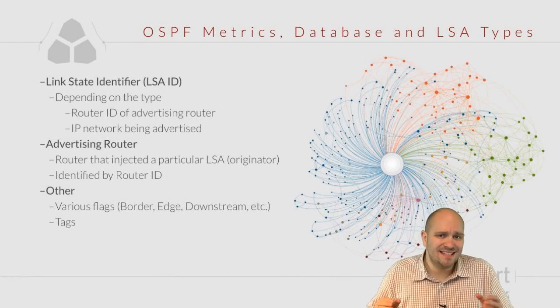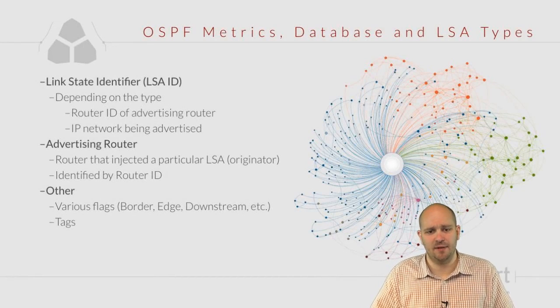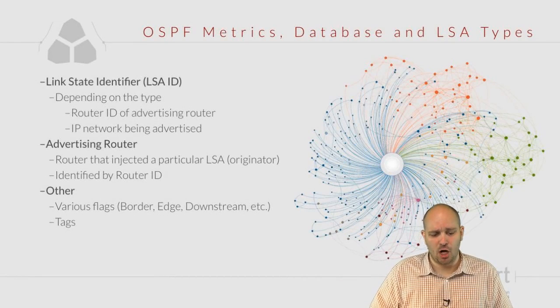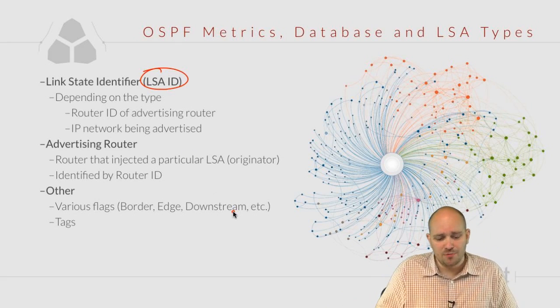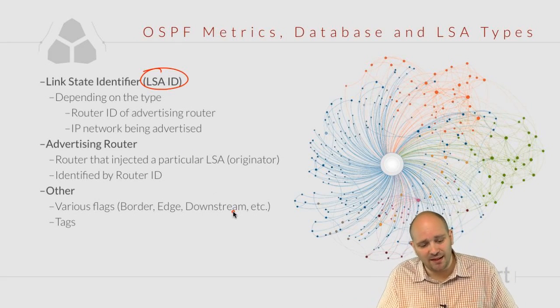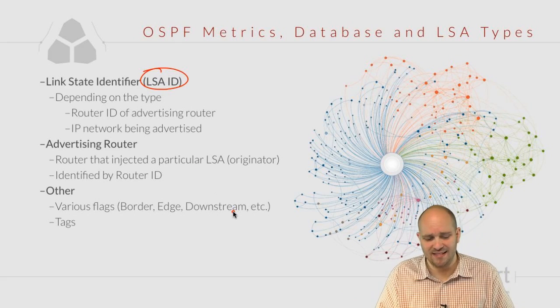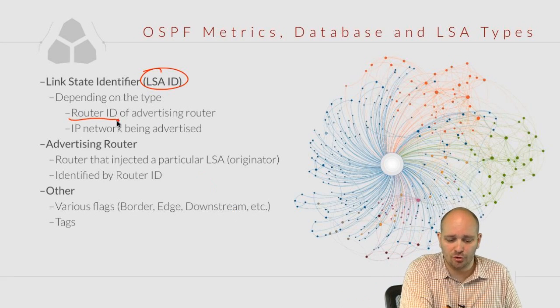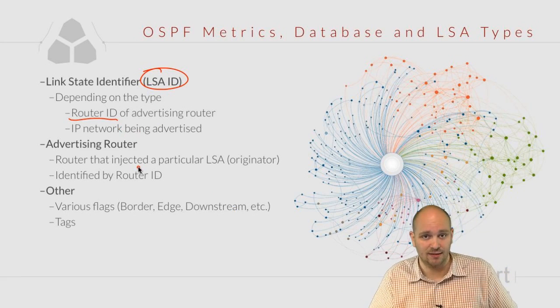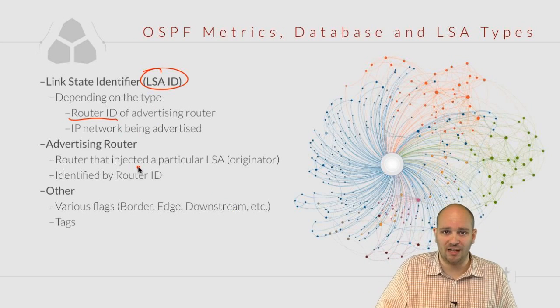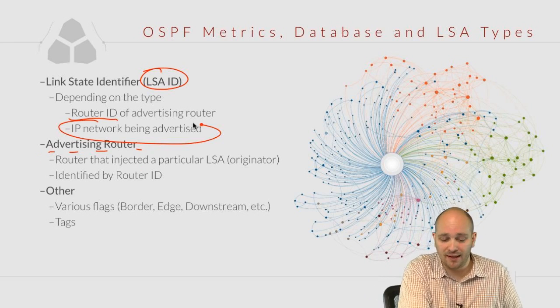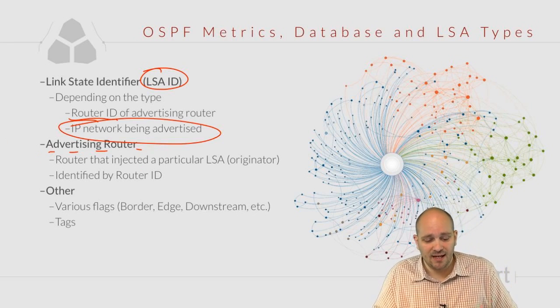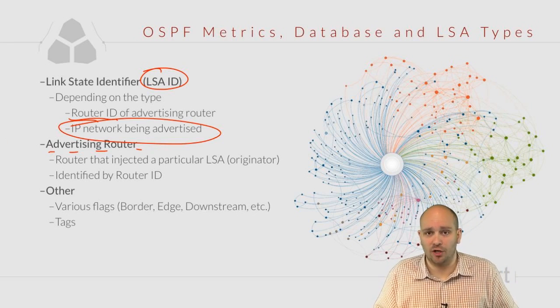Each LSA is identified in the database with several components. These are primarily the link state identifier, which can be a different thing depending on the type of LSA. It can be the router ID of the router that injected this LSA, which is also called the advertising router, which I'm going to talk about in a moment, or depending on the LSA type, it can be the network being advertised.